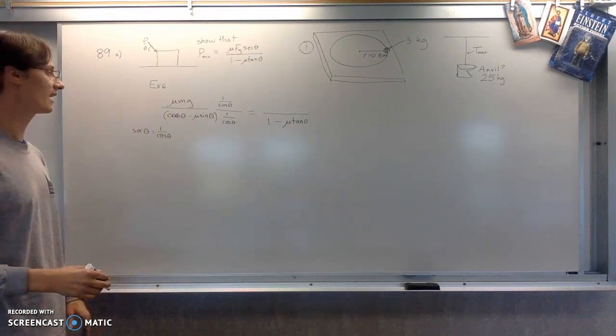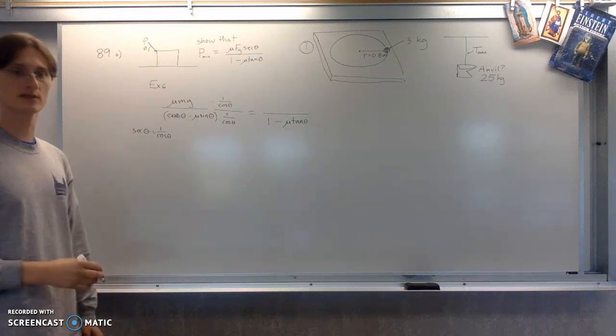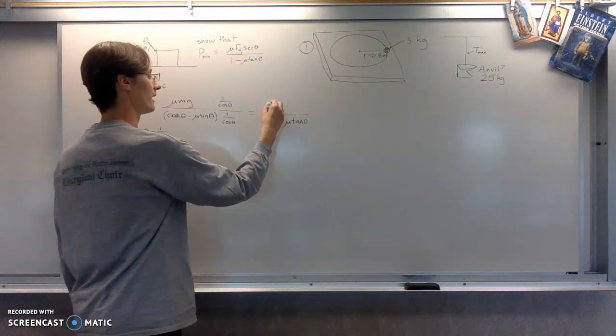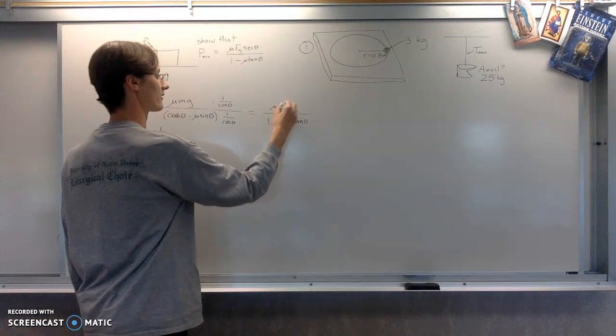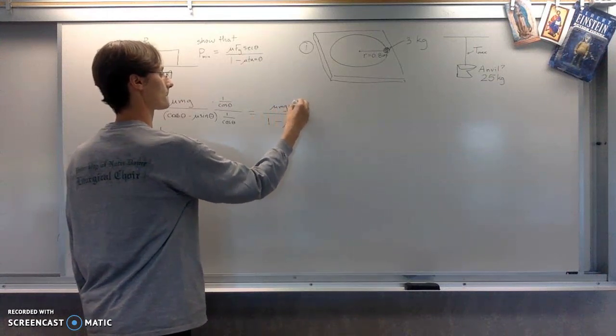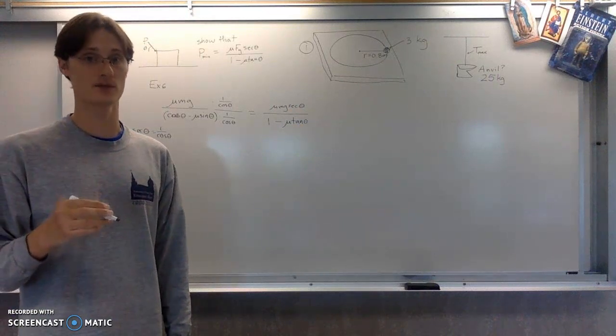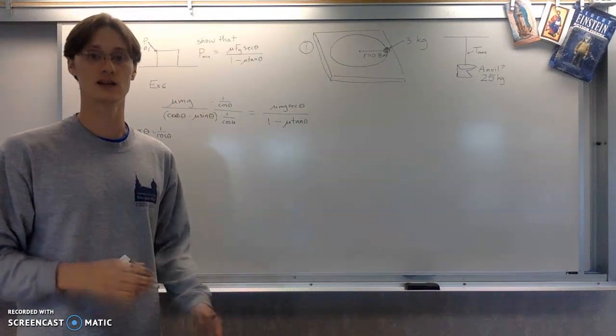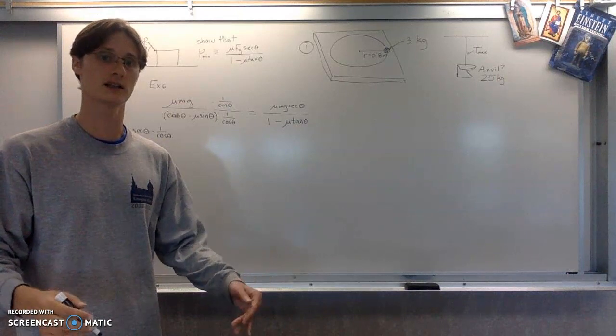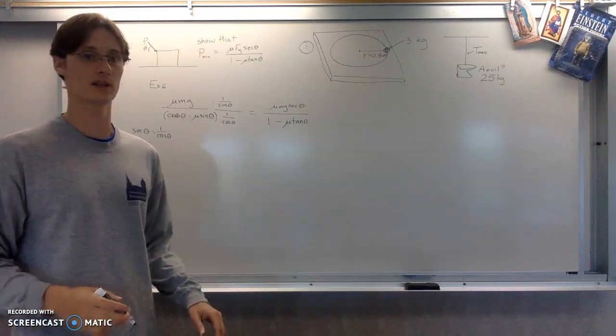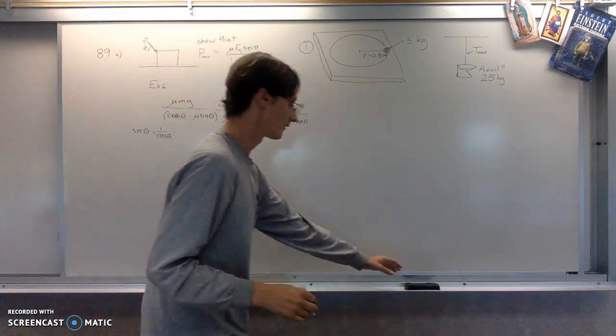And then for the top, 1 over cosine is secant, so mu mg secant theta. If you need to see more on that, go look back at example 6 from your notes packet, and you can see how I worked it out symbolically, and then at the very end I plug in numbers. All right, next question.